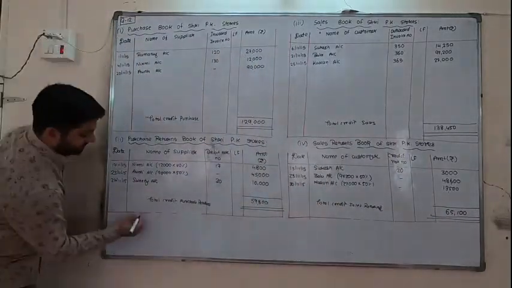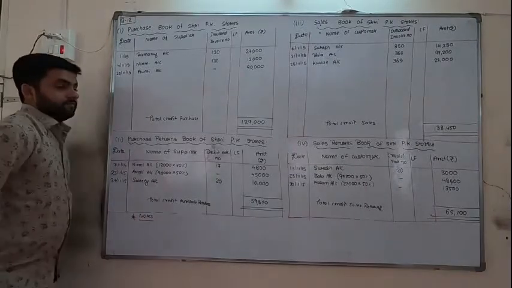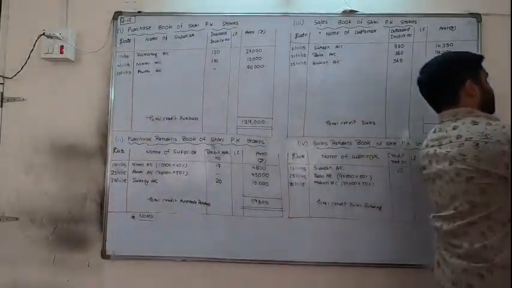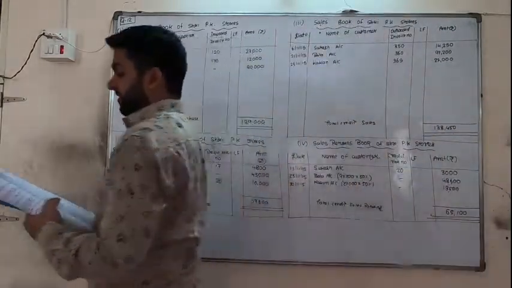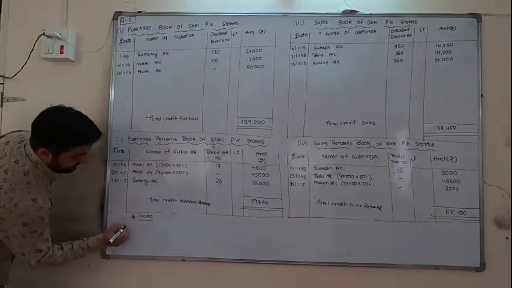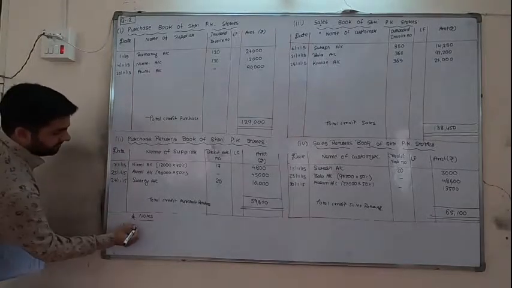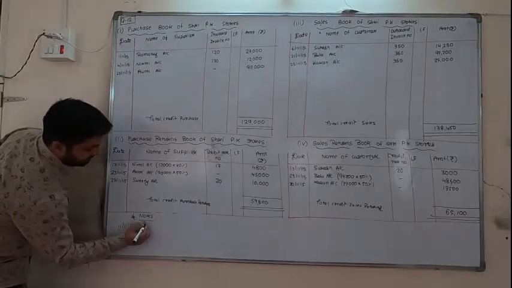Now the notes. Okay. First we have recorded, fourth we have recorded, sixth we have recorded, and there is no underline. 11th transaction, 11-11-15. Okay, we have purchased goods on cash.